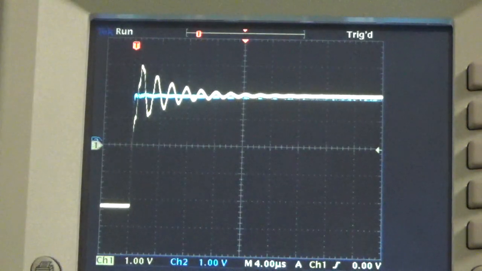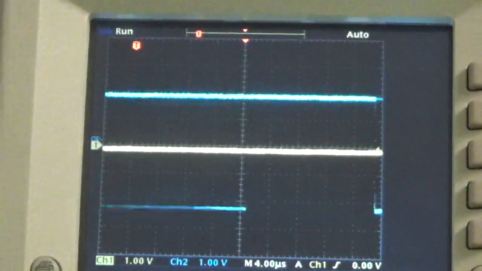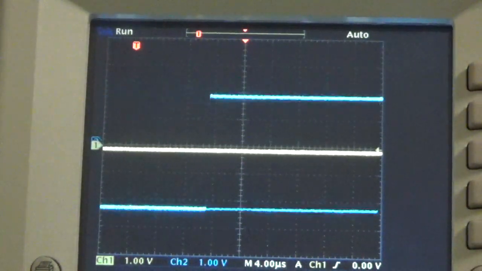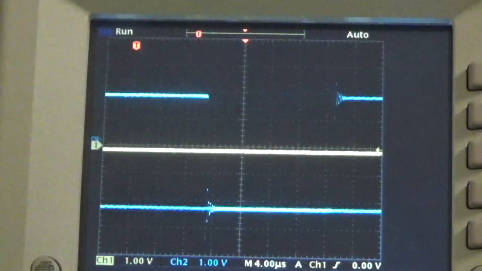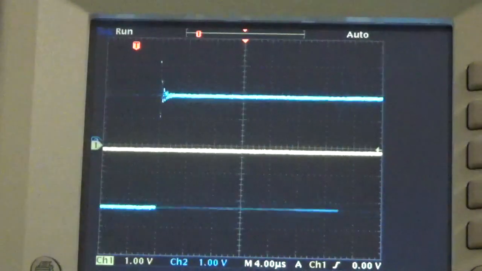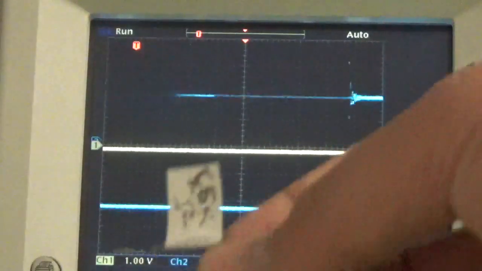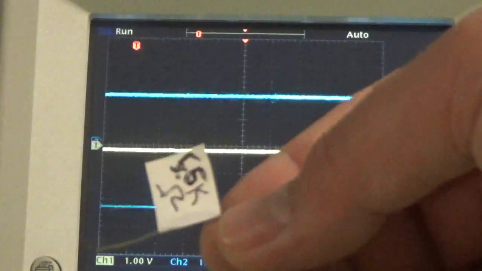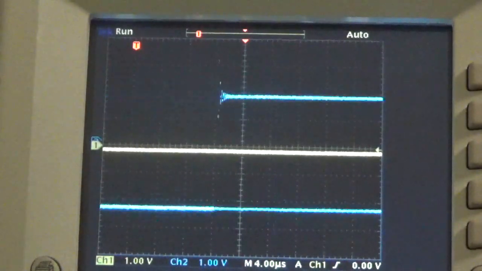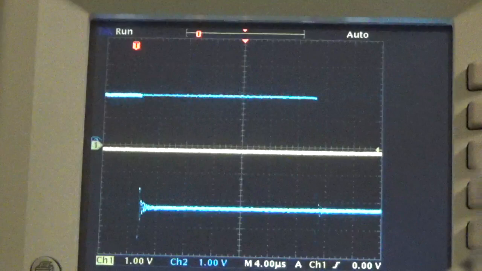Now I will change the 10 kilo ohm. I will remove the 10 kilo ohm from the circuit, as you can see right here, and use 5.6 kilo ohm. Let's see what we have with this resistance.